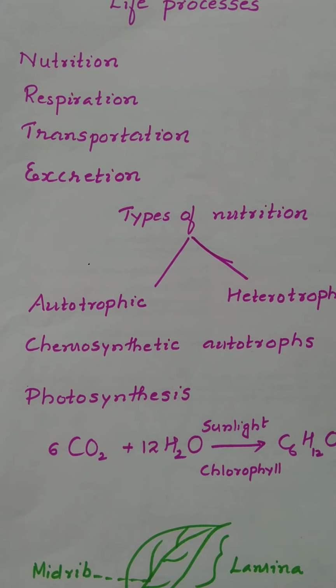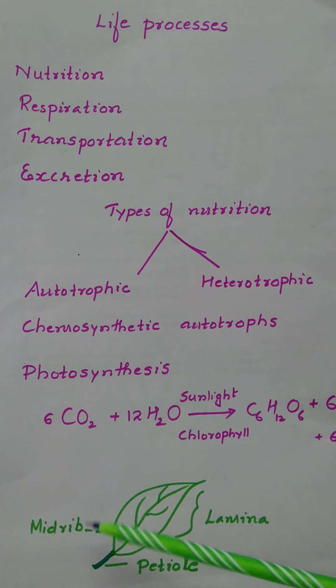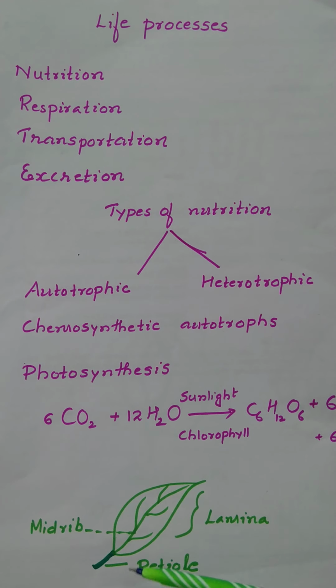Before that, I will tell you the structure or morphology of a leaf. A leaf has a midrib, a petiole which attaches the leaf blade to the stem, and the leaf lamina. The midrib divides the lamina into two equal halves.